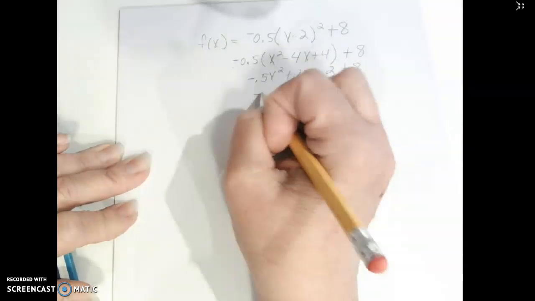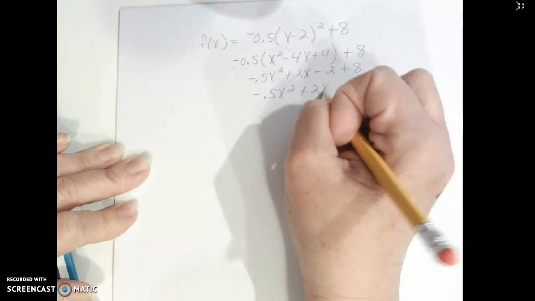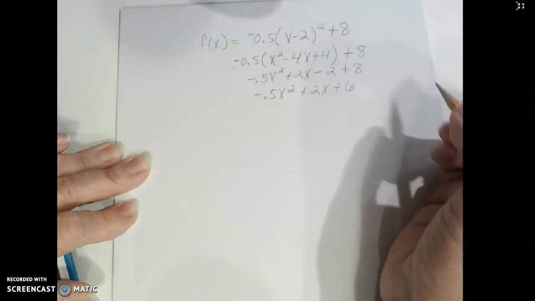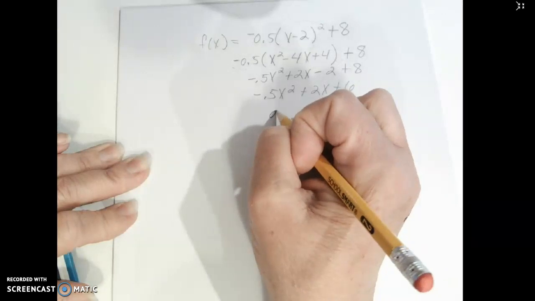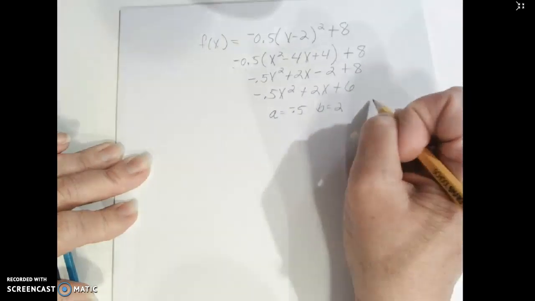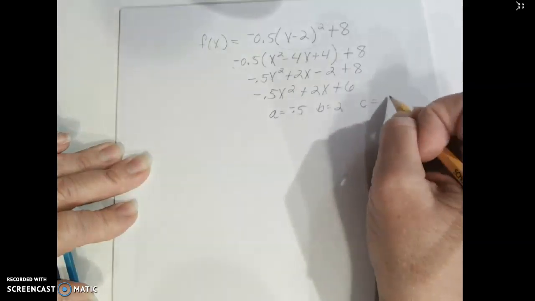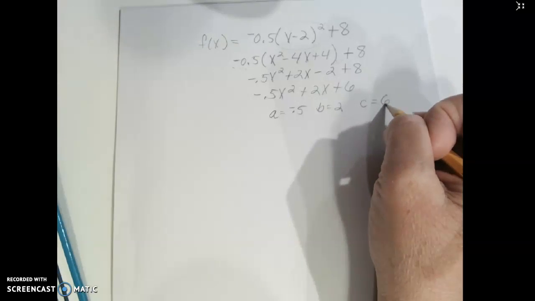And so now I have negative 0.5x squared plus 2x plus 6. Since we're looking at this in standard form, a is equal to negative 0.5, b is equal to 2, and c is equal to 6.